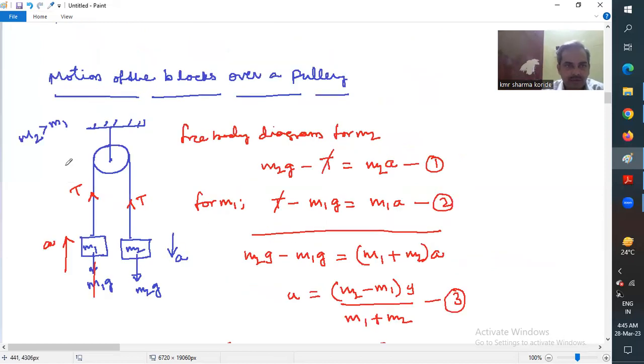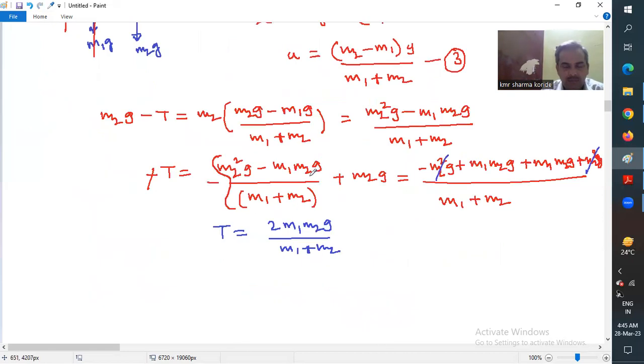There is one more string which is connecting the center of the pulley and the rigid support. You call this T2 now. The tension in the string connected between the center of the pulley and the rigid support is T2, and you make these two T1s. So this is going to be T1 in that context.